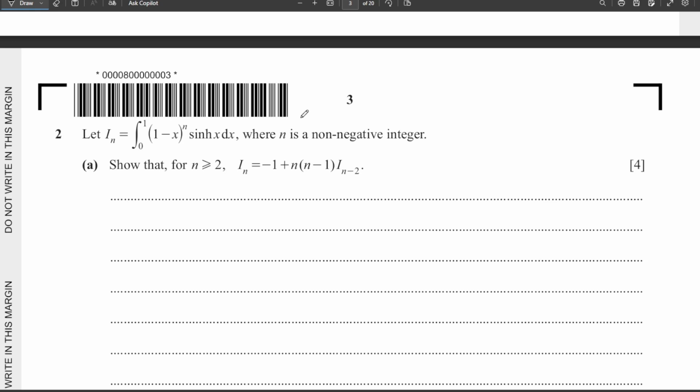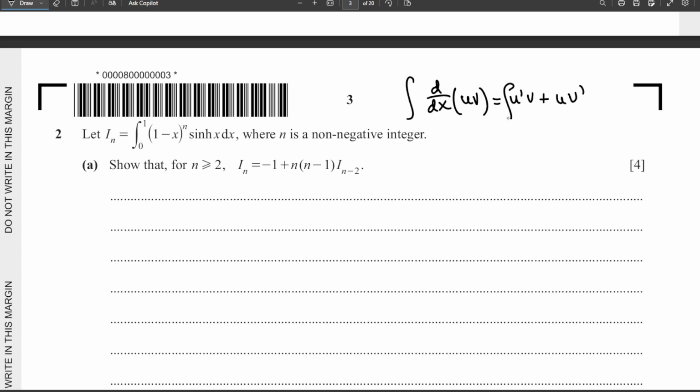Anyway, I think at further maths level, you should be expected to know how to prove the result of integration by parts. So you know the product rule: if you differentiate the product uv, you differentiate the first one and leave the second one, and then leave the first one and differentiate the second one.